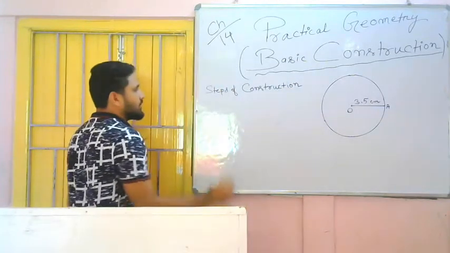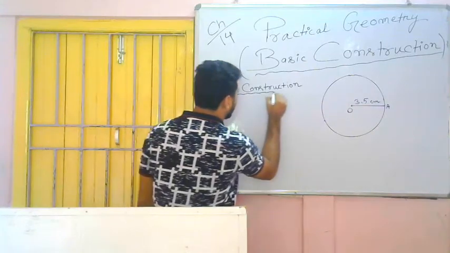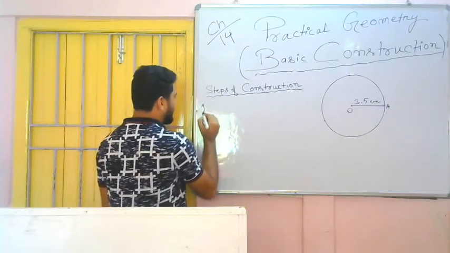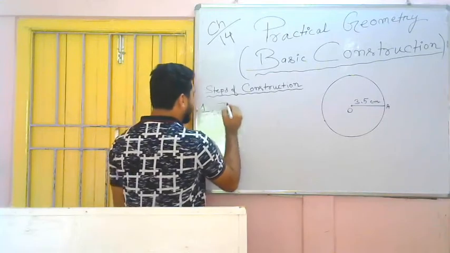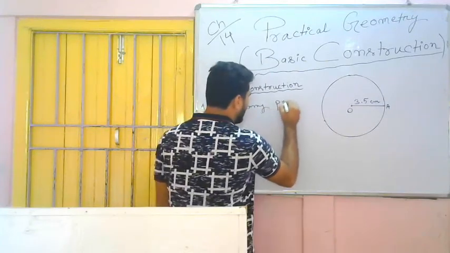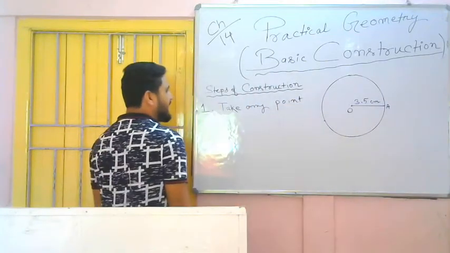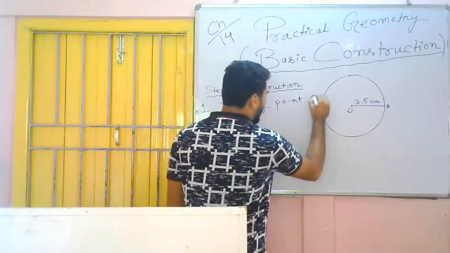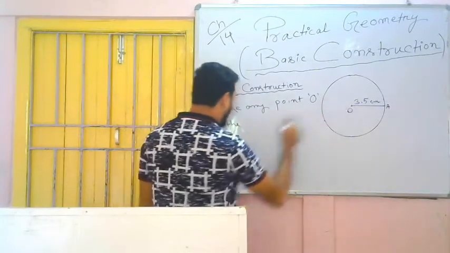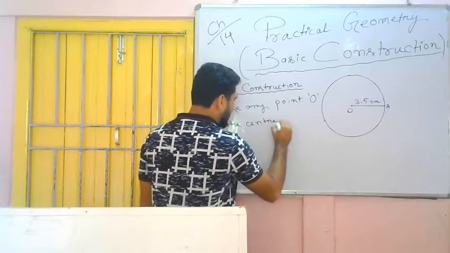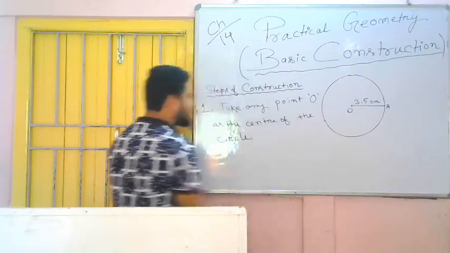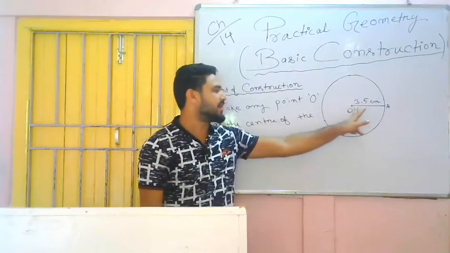Write number 1: take any point O as the center of the circle.